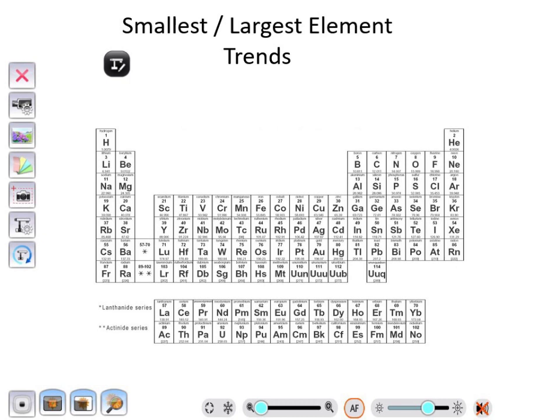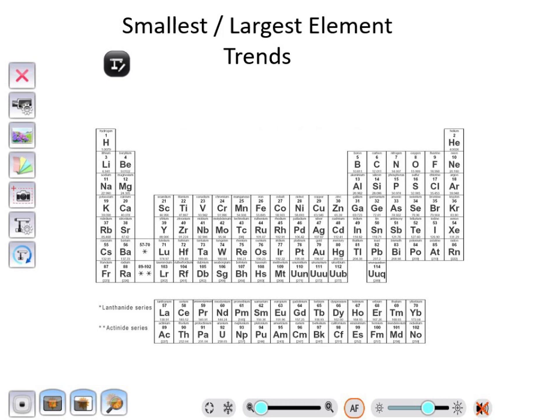So because this can't fit into here, would it be one of these? It is one of those for the smallest. Because as it moves this direction, what happens to the radius? I thought it decreases. Which means that it gets smaller. The radius gets smaller. Does that mean hydrogen is the biggest then?